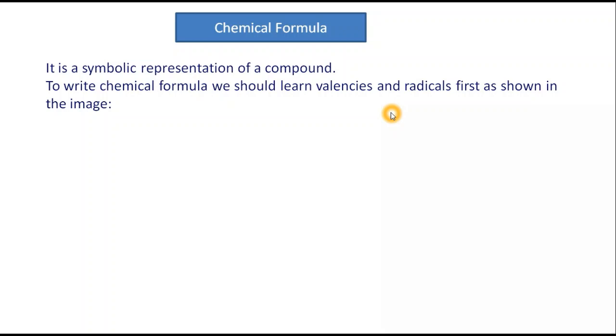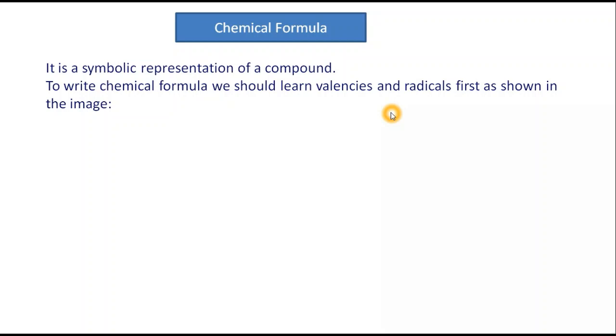But we have polyatomic ions as well. Those ions which are formed from groups of joined atoms, like ammonium ion. See, in ammonium ion, we have two types of atoms joined together, nitrogen and hydrogen. Same with carbonate ion, sulfate ion, we have different types of polyatomic ions.